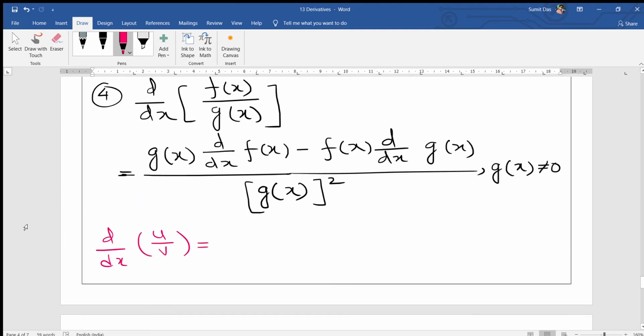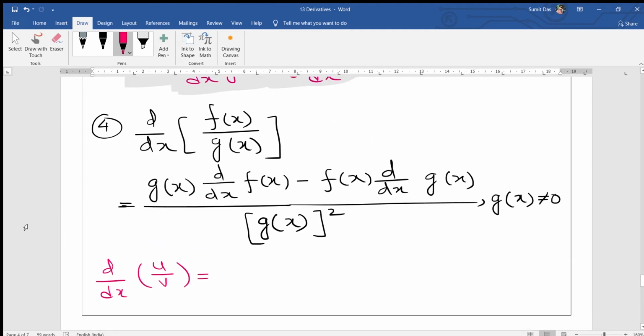If you compare this with that, u is f(x) and v is g(x). So our formula will be: whatever the denominator is, it will be squared, and we start our numerator with that function. That means the denominator was v, so v squared in the denominator, and we start with v.